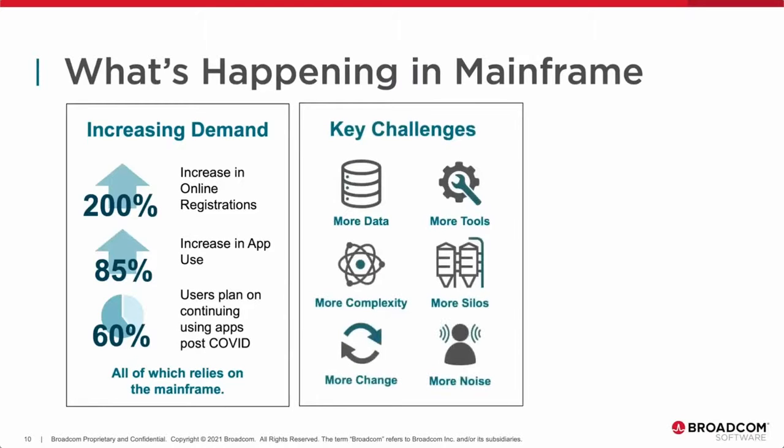And again, this is across all the domains, whether it's financial services or distribution or retail. All of them are seeing an uptick in use, which means they've got a lot more data flowing through their mainframe systems. They're deploying more tools to try to get a handle on that increased volume, which, by the way, is adding to complexity within their mainframe environment.